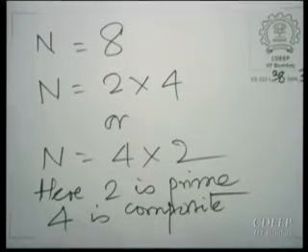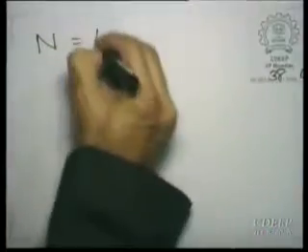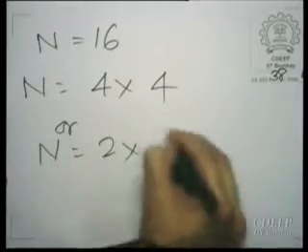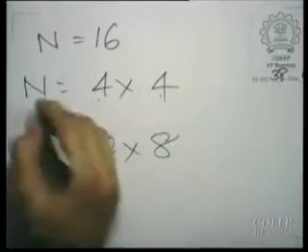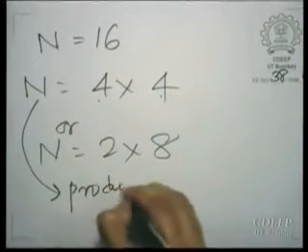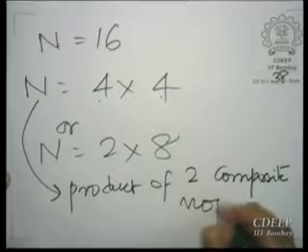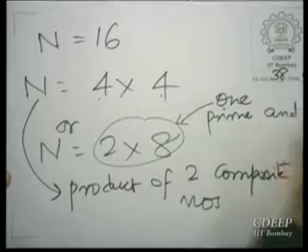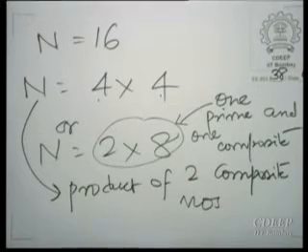And finally, of course, you could have N equal to 16, in which case N could be decomposed as 4 into 4 or as 2 into 8, in which case here you have a product of two composite numbers and one prime and one composite here. So all these possibilities are accepted.